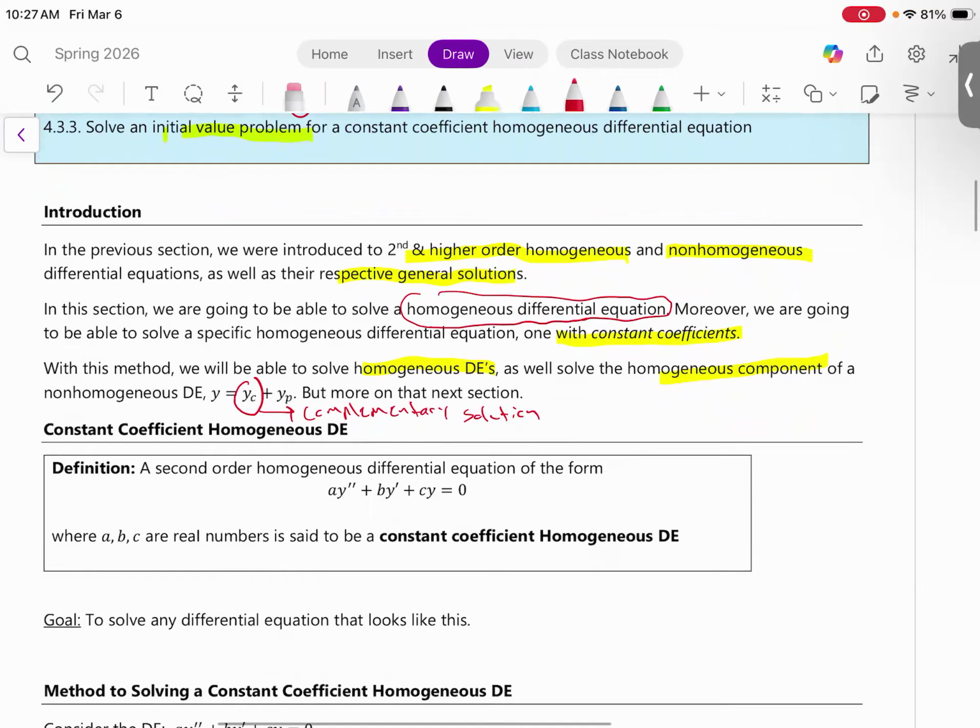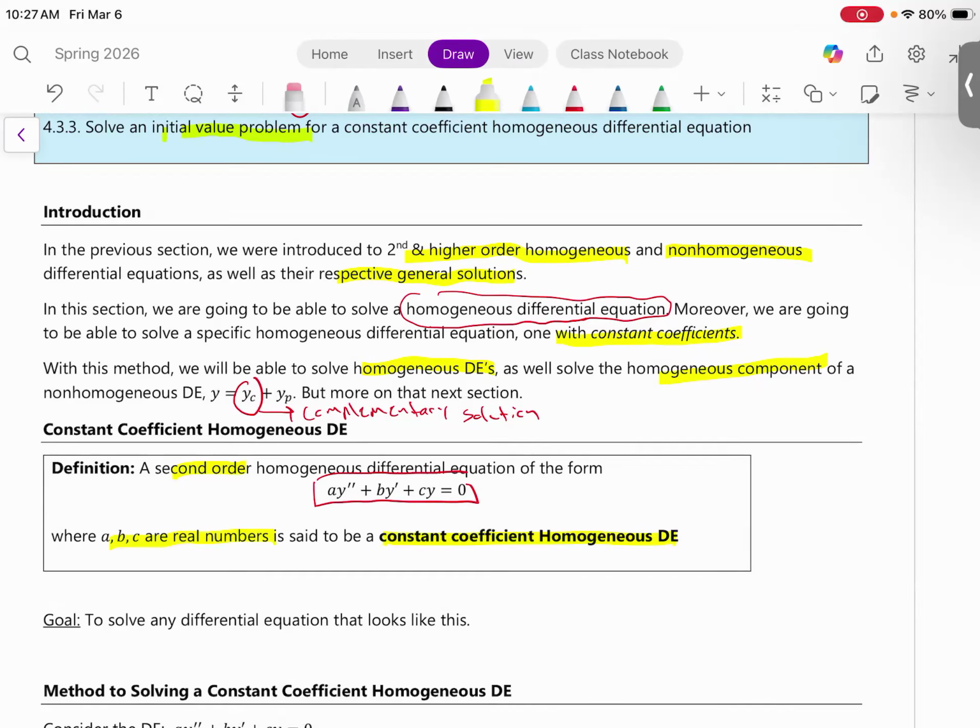So let's define what a constant coefficient homogeneous DE is. So a second order, we're in second order land now. Homogeneous differential equation is of this form. A times y double prime plus b times y prime plus cy equals 0. And so notice that a, b, and c are all real numbers and are the constant coefficients.